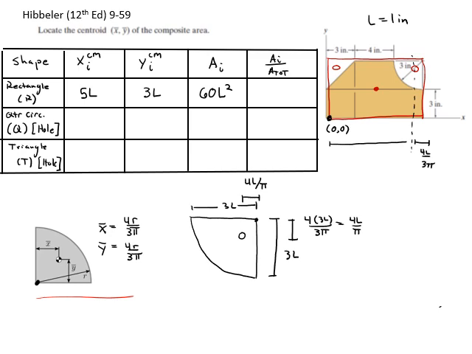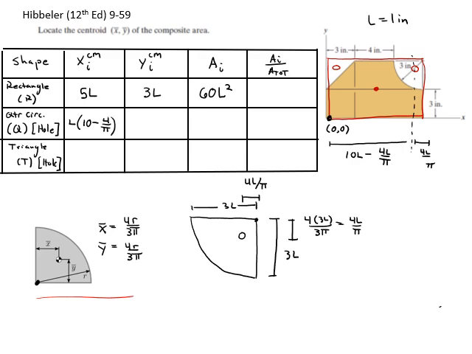So this distance here is going to be the whole length of the rectangle, 10L, minus 4L over pi. Okay? So that's what I'm going to enter into this table here. I will pull out an L, 10 minus 4 over pi.